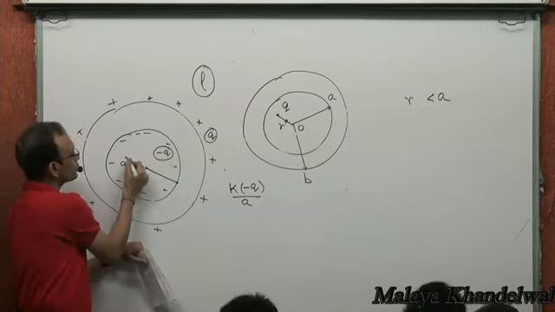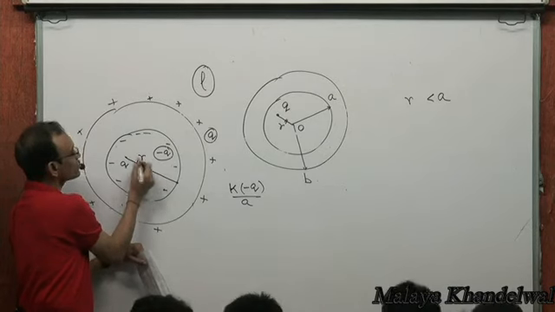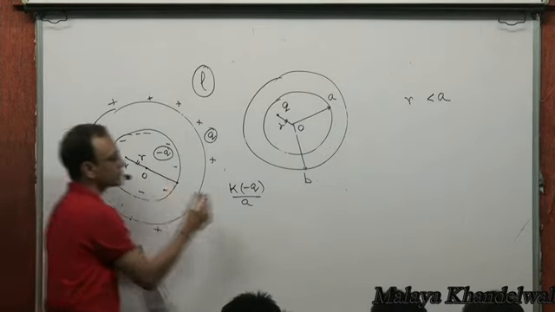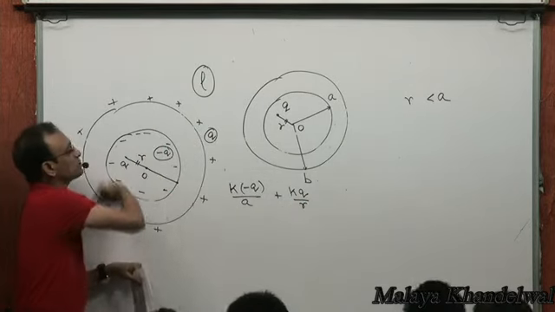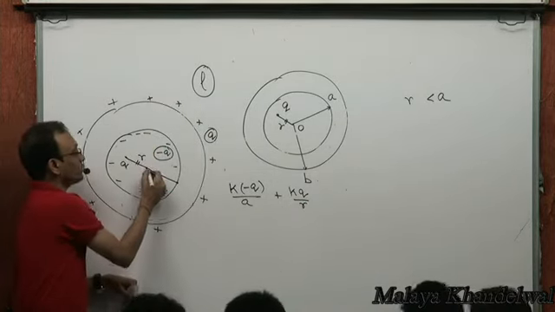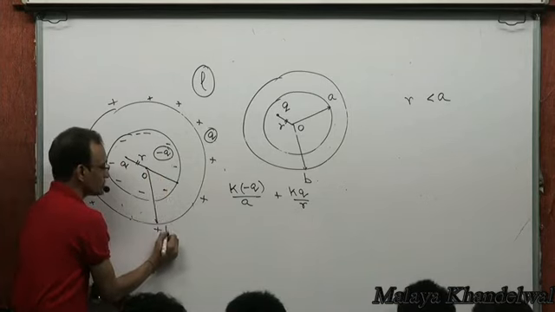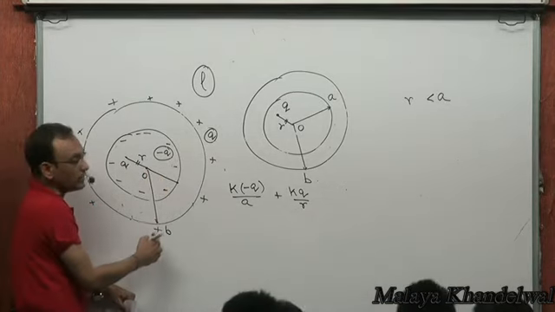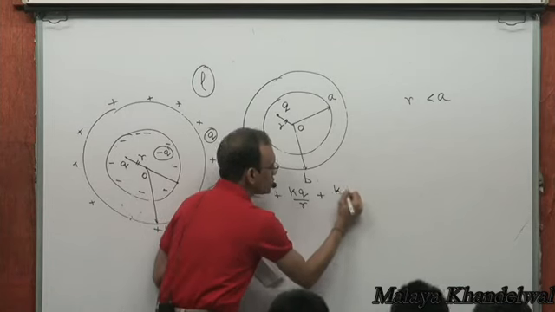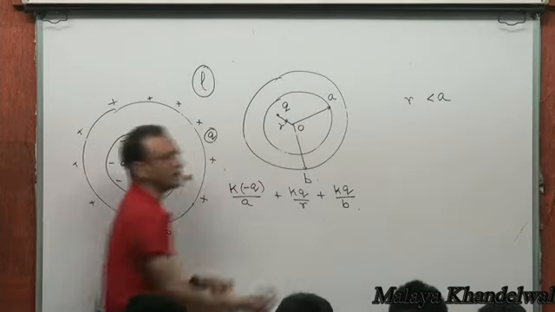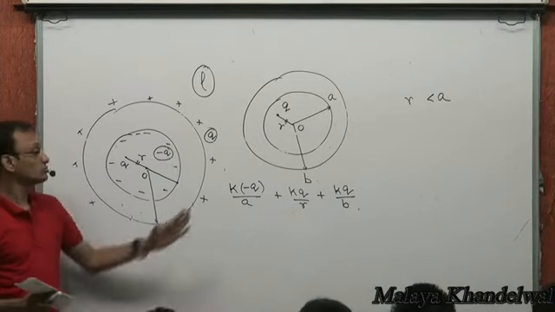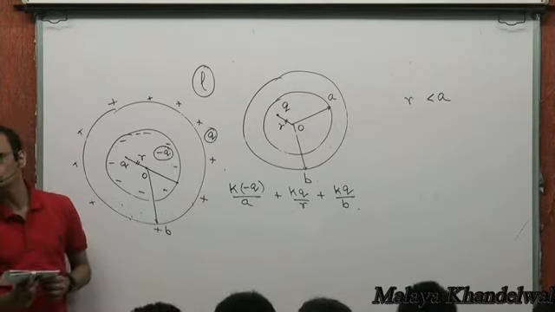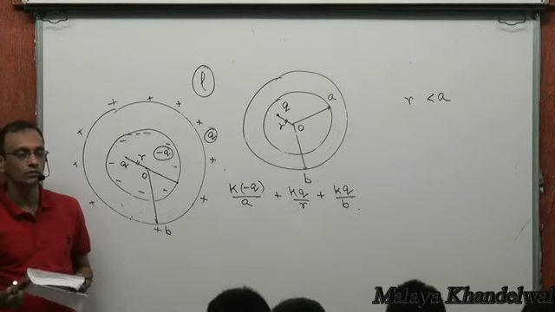Because of this q, it is going to be kq by small r. Because of this plus q, kq by small b. Even if this plus q was non-uniformly distributed, the potential at the center that it would produce will still be kq by small b. So that's the total potential produced at O.